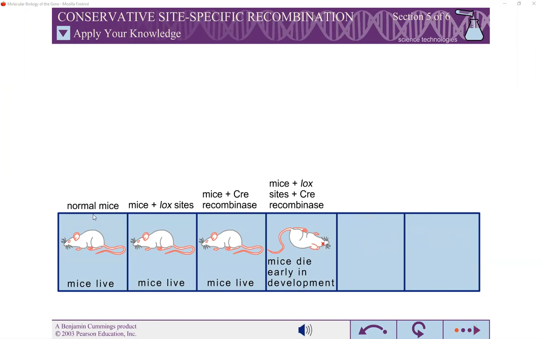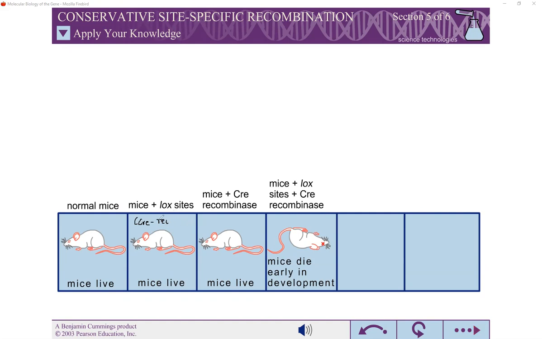Now see this. This is the normal mice. This is the mice plus the lox sites which are present. Mice plus the Cre recombinase. This is the mice in which the Cre recombinase is present, but the lox sites are absent. Okay, you just have to clarify this question. I would like to clarify this question in front of you. The lox sites are present. Cre recombinase is absent.